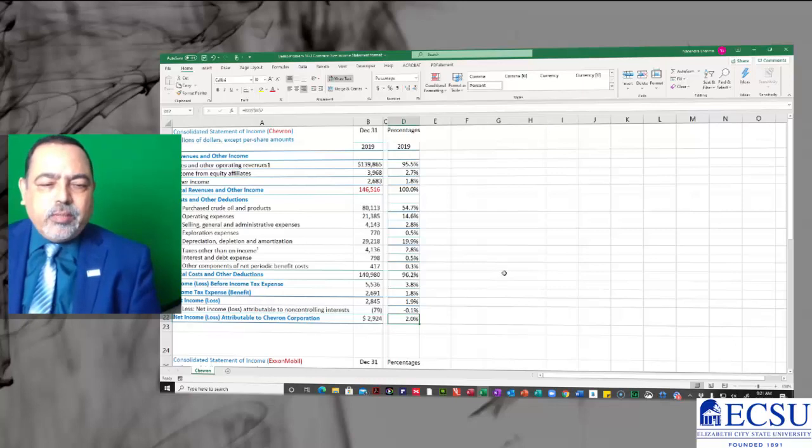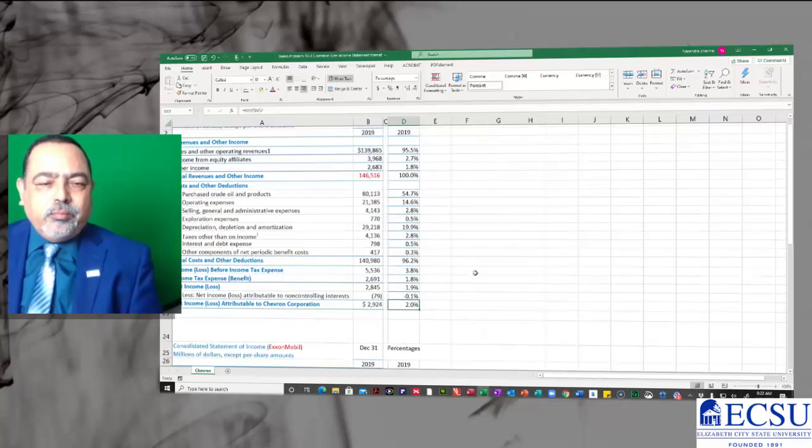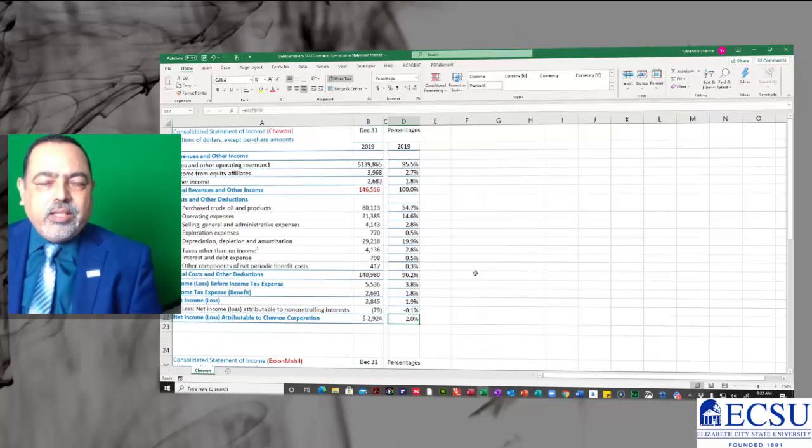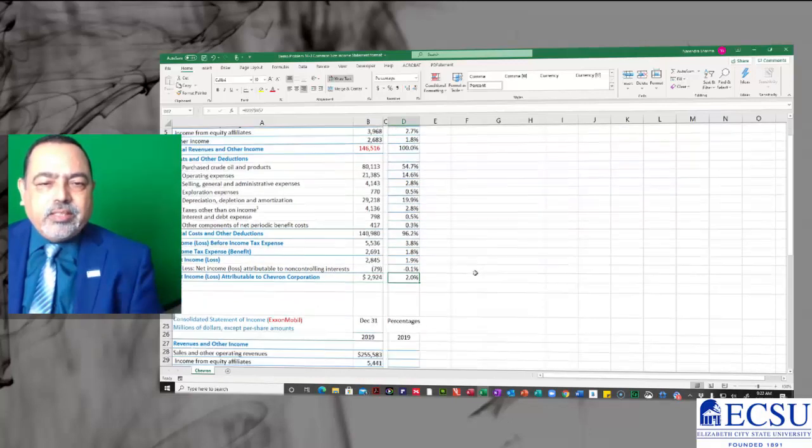The net income attributable to the Chevron stockholders is 2%. So what does that mean? Every $100 sold by the company, $2 is the net income. It doesn't mean they will distribute everything out of that, but that is the amount of net income Chevron has made in the year 2019.